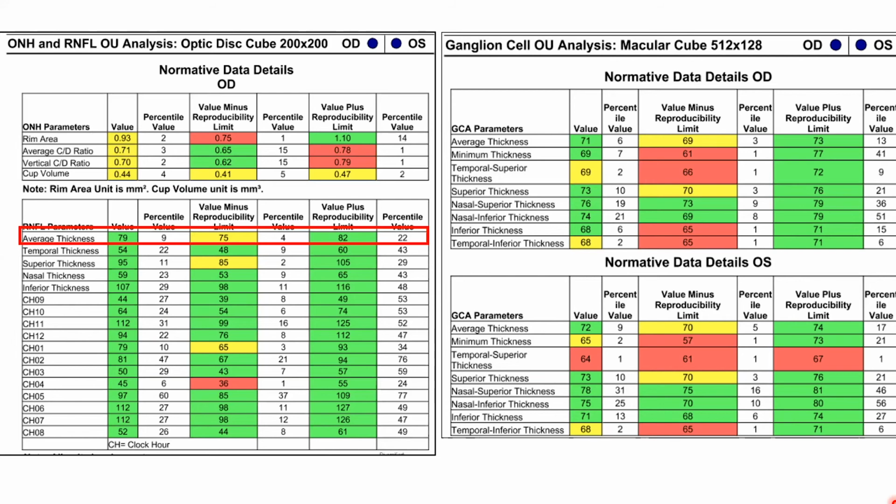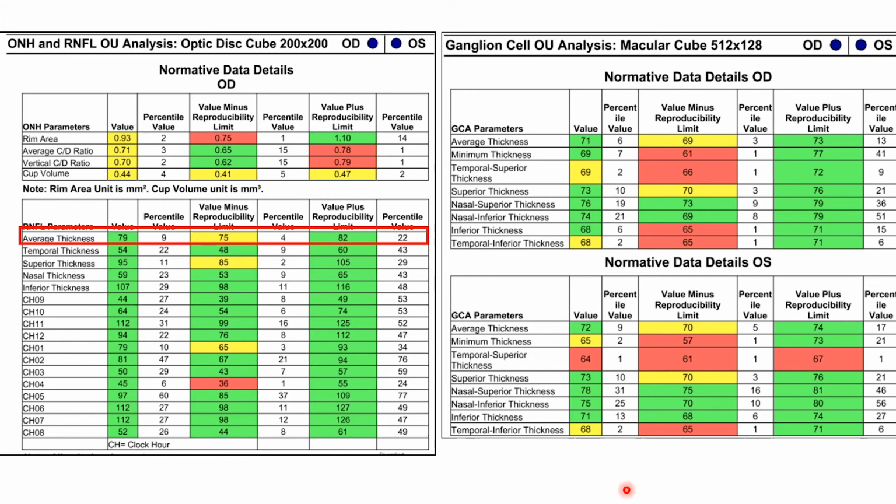So if we look at the average thickness, which that day was 79, we know that the typical reproducibility for that measurement is actually pretty tight. It's about plus or minus 3.5 or so. So typically, if you get a measurement of 79, you could be pretty confident that it's really somewhere between 75 and 82. So that's a pretty tight measurement.